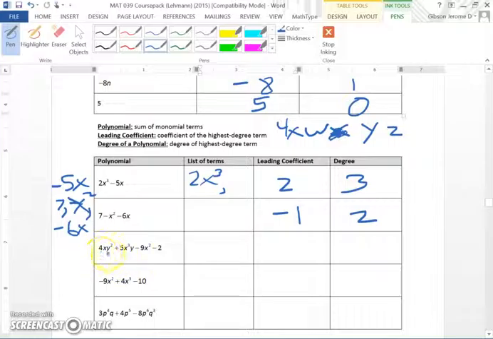Now we come here. We have 1, 2, 3, 4 terms. Because I cannot write all of these terms off to the side, what I'll do is circle them, you write them down, and put a comma in between them. So the first one here would be this 4xy squared.